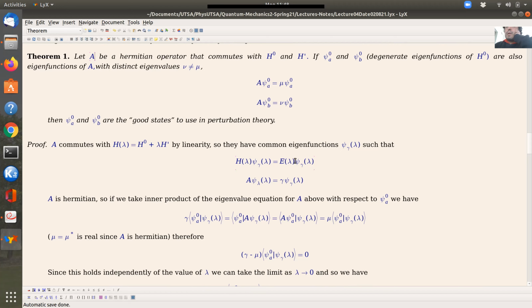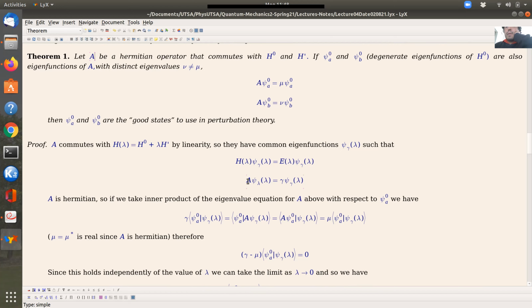Because it's an eigenfunction of this, it has eigenvalue E of lambda. Now, it's also an eigenfunction of A, so that means that it has an eigenvalue that we're going to call gamma in this case.